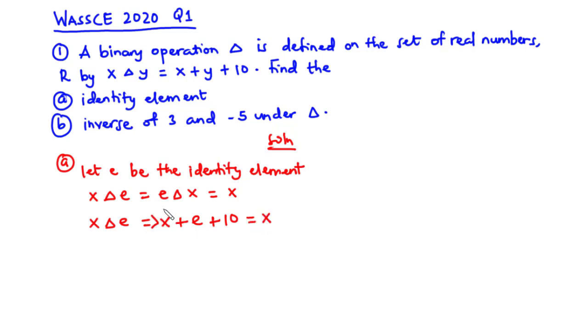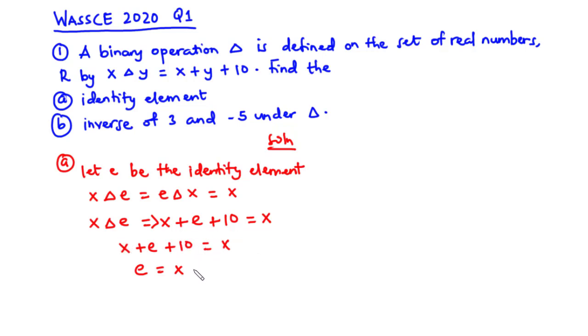Now we are going to focus on this. We say that x plus e plus 10 is equal to x. Since we want to find the value of e, we want to transpose all the terms to the right hand side. So we leave e on the left hand side, we have x already on the right hand side, and then we transpose x and 10 to the right hand side.